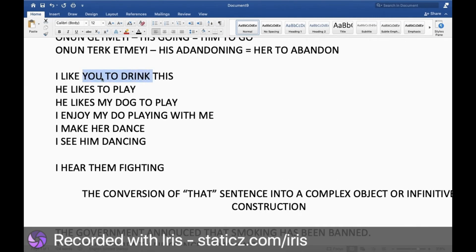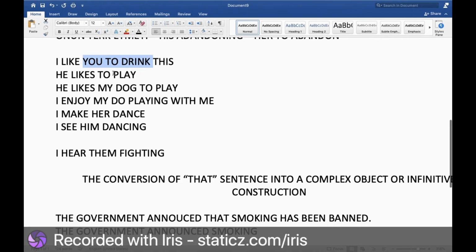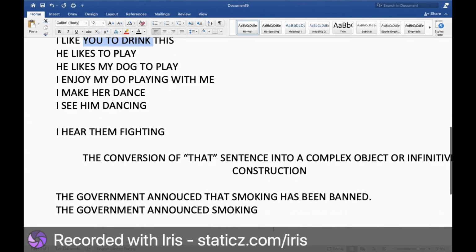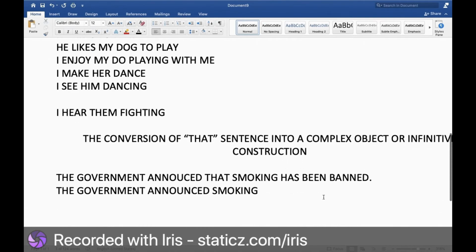So in order to turn this sentence into "you to drink," we take this smoking, which means you, and "has been drunk" becomes "to drink." But when we convert the verb of that sentence, we have to be careful with the tense form. If it happened in the past, we have to use the past tense form of infinitive.